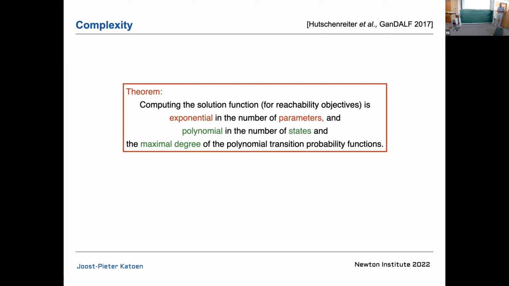But it seems that the product of these 1 minus xi was also a good representation of that function. Yeah, but you need to multiply the whole thing, right? I just say 1 minus x1 times 1 minus x2.